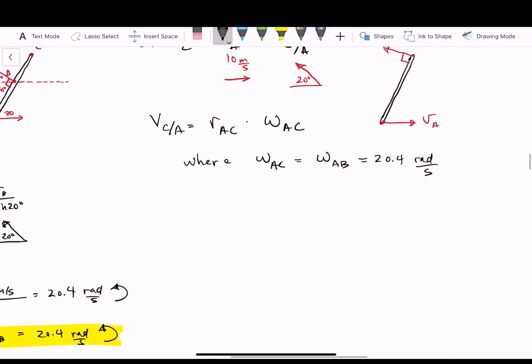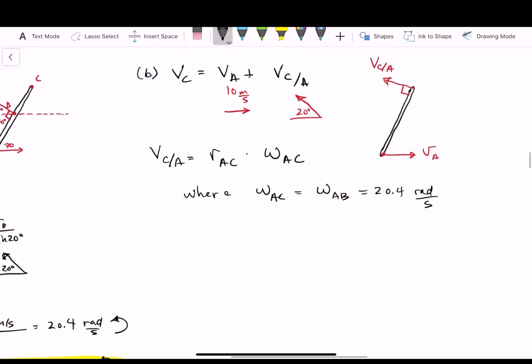As long as we know the radius arm from A to C, which we do, we can solve for the velocity of C with respect to A, which is just equal to 0.6, because it's 0.4 meters plus 0.2 meters, times 20.4 rads per second.